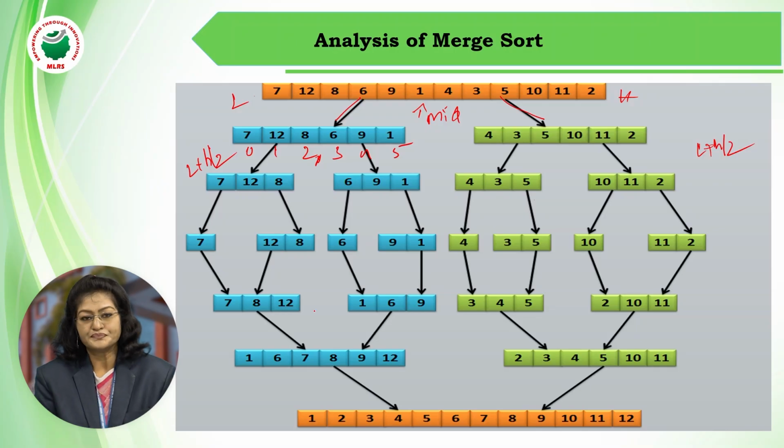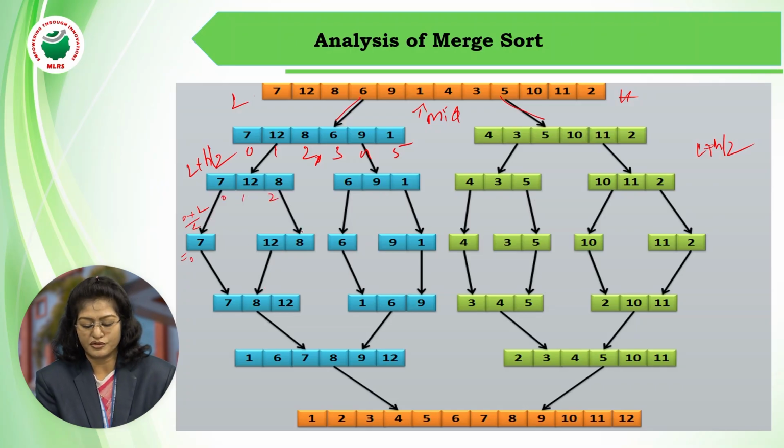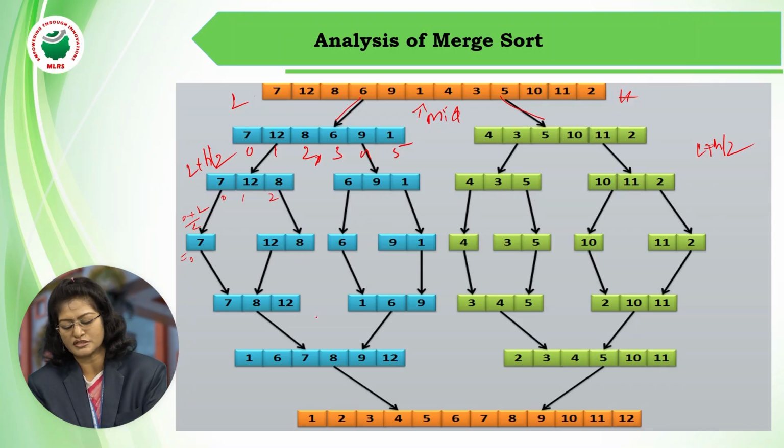And next, it will be divided again. So mid of 3 is 0 plus 2 by 2, that equals 1, over 0, 1, 2. Next it will be divided into two halves. Either you can take the first two elements together or the last elements together, it's our wish.